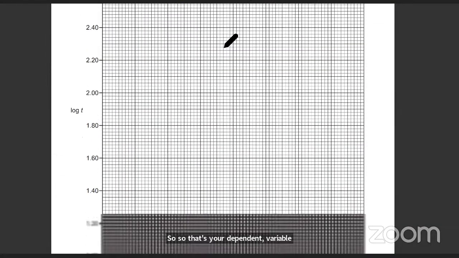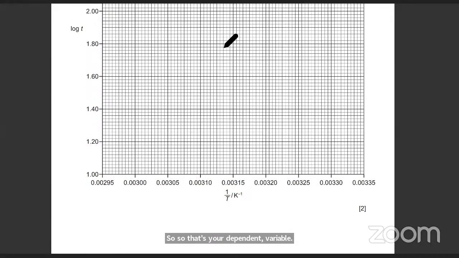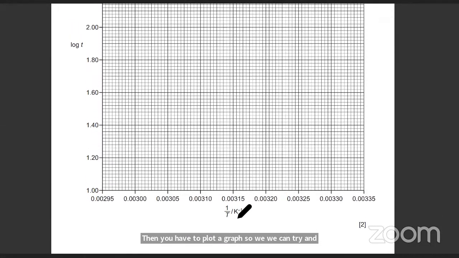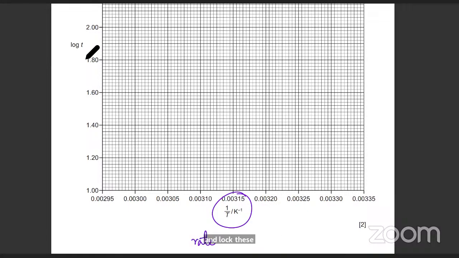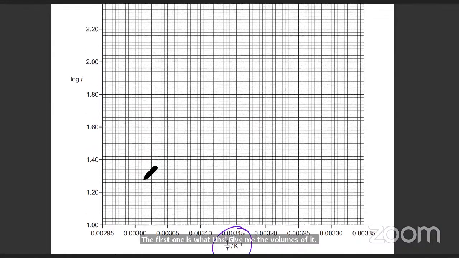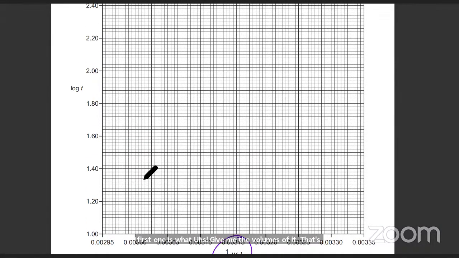Then you have to plot a graph. So we can try and plot a rough graph. Remember, 1 over T is basically the rate of a reaction, and log T is basically your time. So if I want to plot this quickly, it's log T over 1 over T. The first value was 0.003, right?